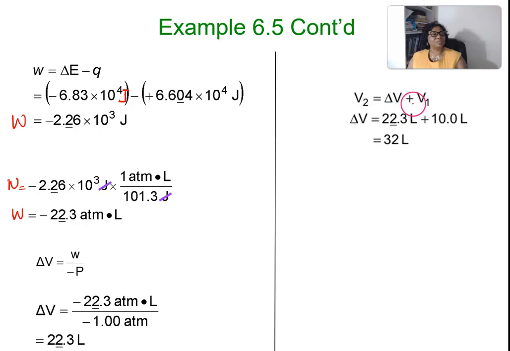V2 is delta V plus V1, and that will give us 32 liters. This is in two significant figures.